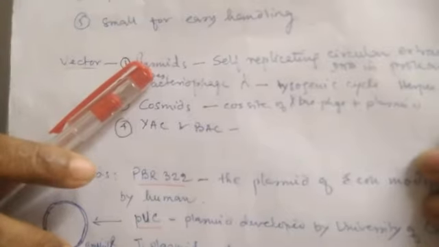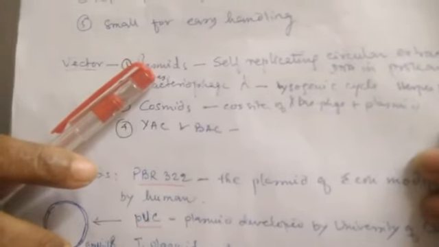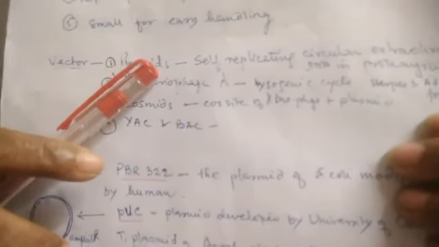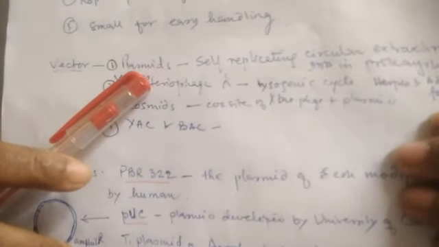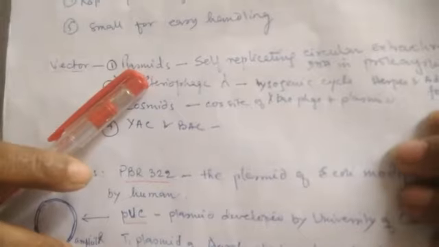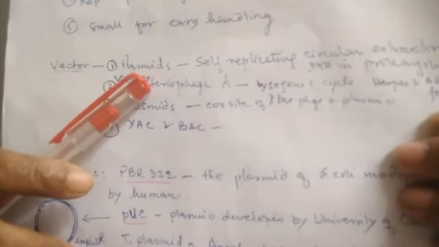In bacteria, and sometimes in certain fungi also, we find these plasmids. What are these plasmids? Plasmids are the circular, self-replicating, extra chromosomal DNA which is present in bacteria.